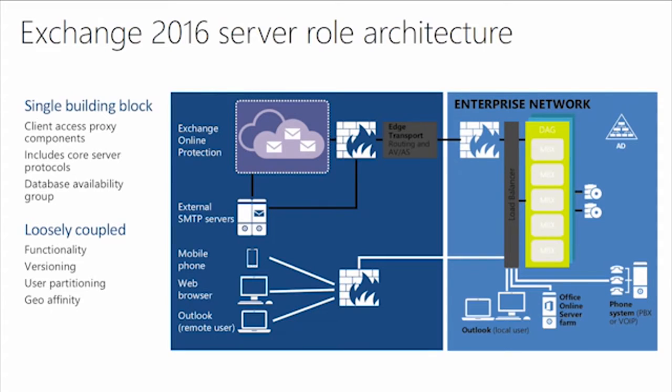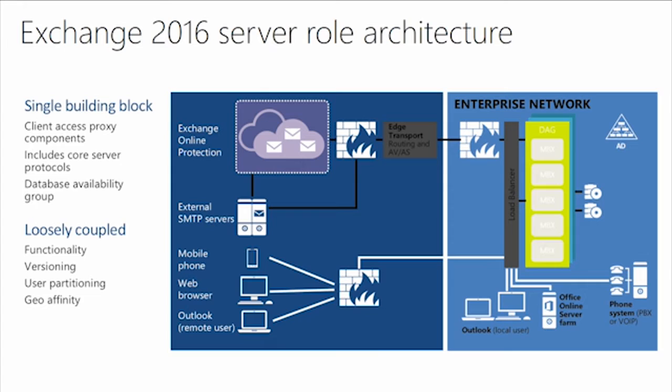So in the slide that I have here is an architecture where on the inside we have our enterprise network, which is running maybe a database availability group, which we'll talk about later. And then you have mailboxes in there, and everything that is required for Exchange to run is on that server. It speaks to Active Directory, but everything else is contained in that server.